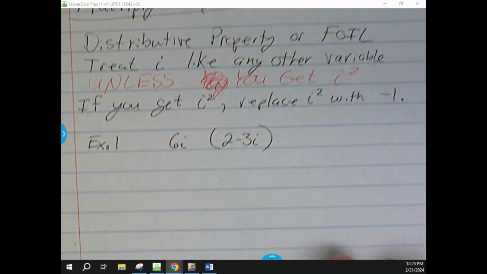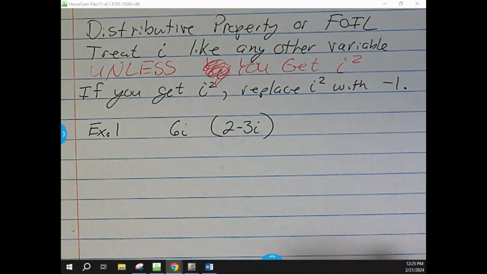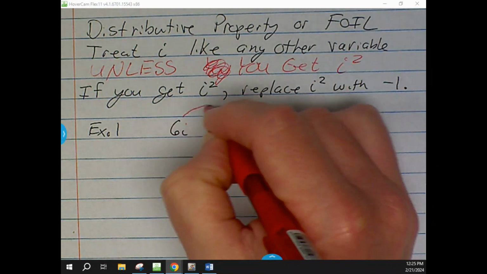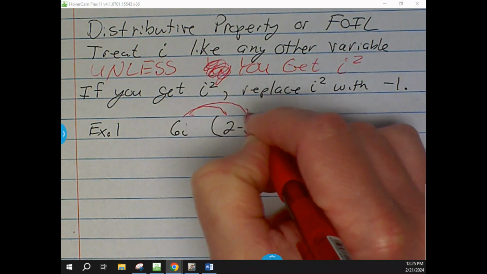Okay, so the first problem, we'll do 6i times 2 minus 3i. For this one, it's just distributed property. So all we're going to do is take the 6i, multiply it times 2, and then multiply it times 3i.